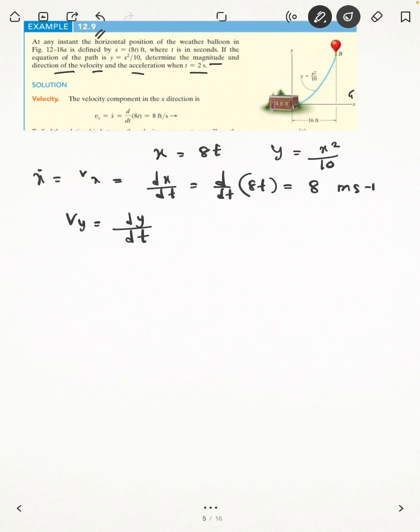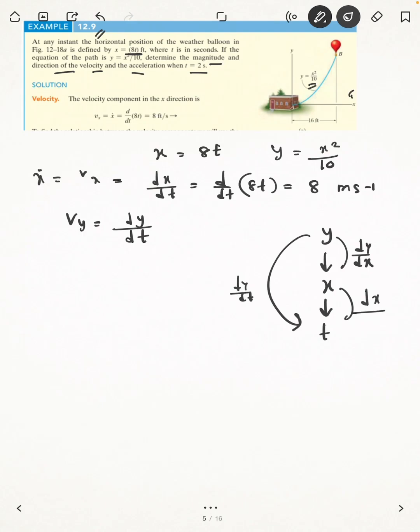But to do that derivative, you have to follow the chain rule of differentiation. Here y is a function of x, y is equal to x squared by 10, and x is a function of t. To find dy by dt, I have to go through dy by dx and dx by dt. That is basically the chain rule of differentiation.